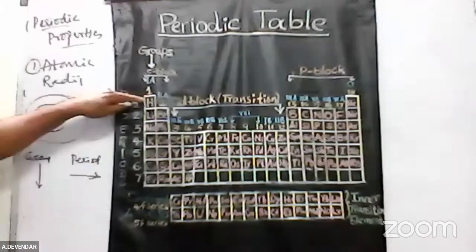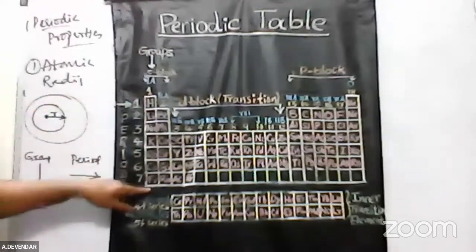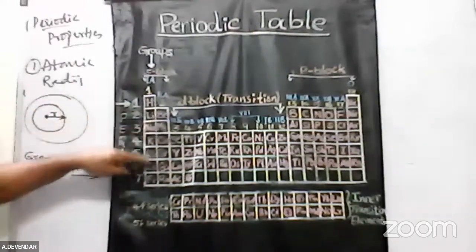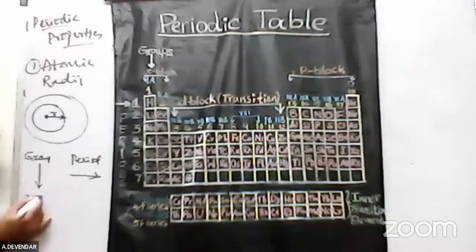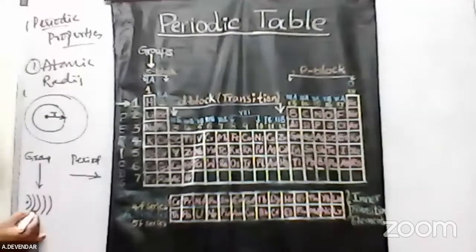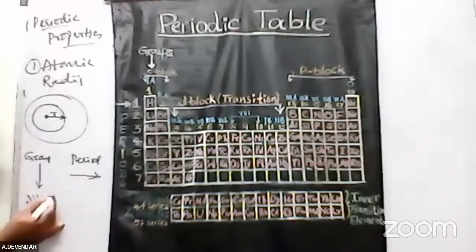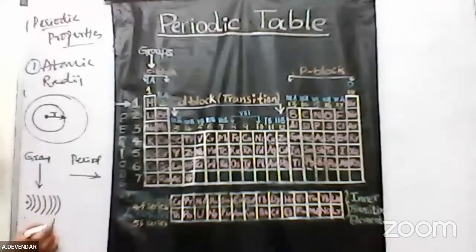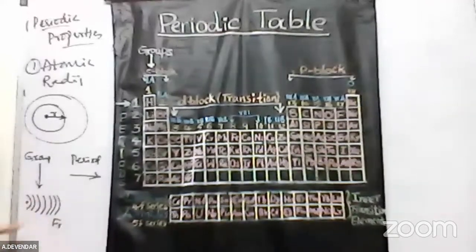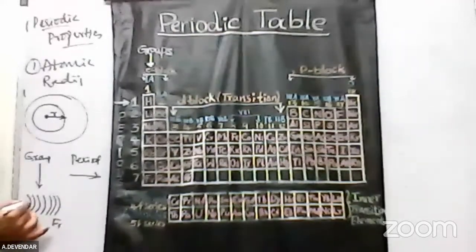See, in the first group, from lithium to francium, what happened? Atomic number increases, as well as the number of shells. Cesium, or francium, is the 7th element, that means 7s1.